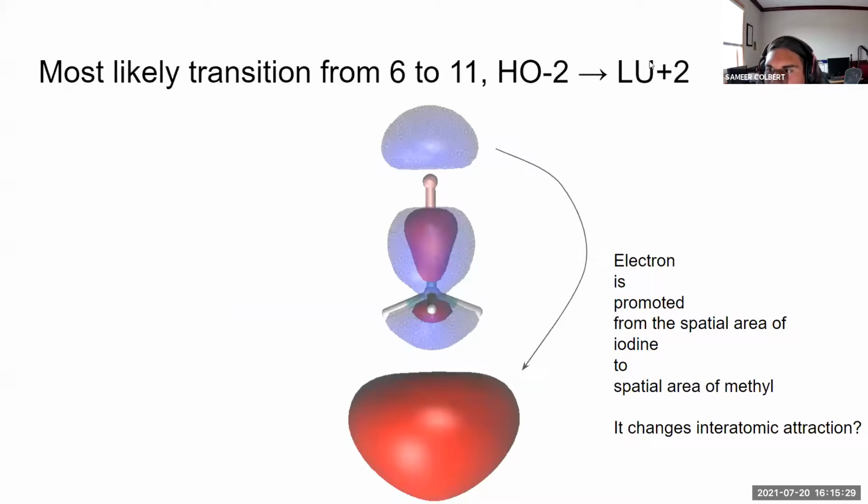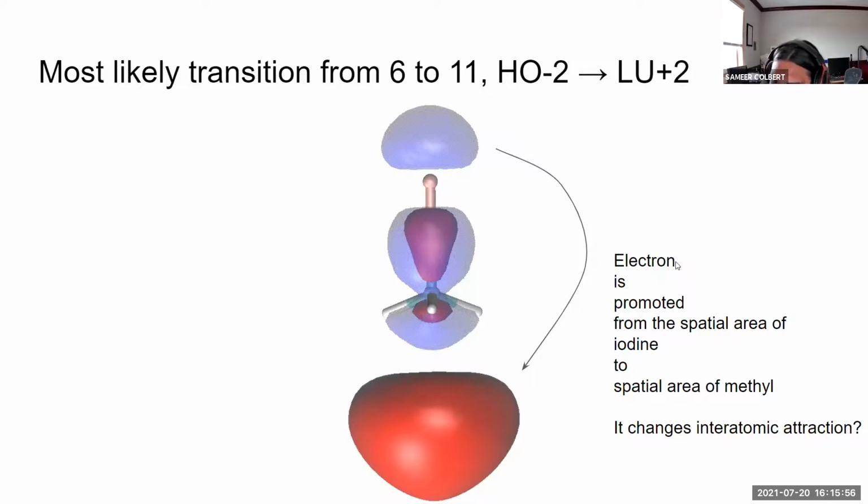And then here is what we found was the most likely transition. It was from HOMO minus 2 to LUMO plus 2. And we have overlaid the two orbitals on top of each other. And so what is shown is the electron is promoted from the spatial area of iodine to the spatial area of methyl.